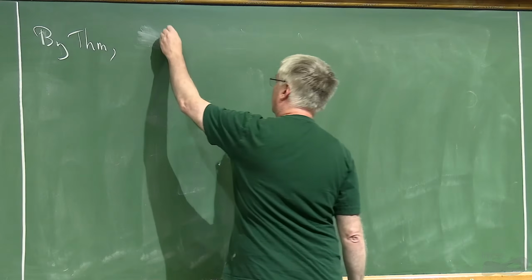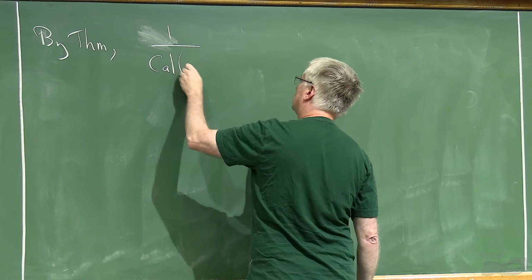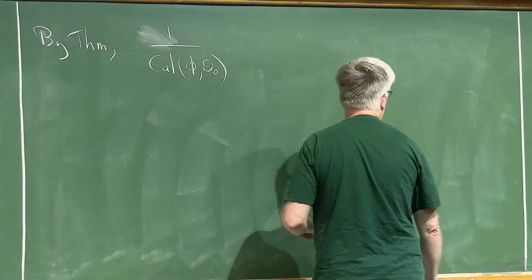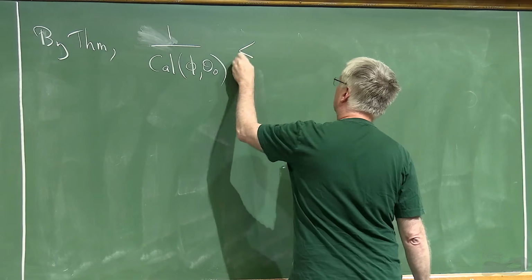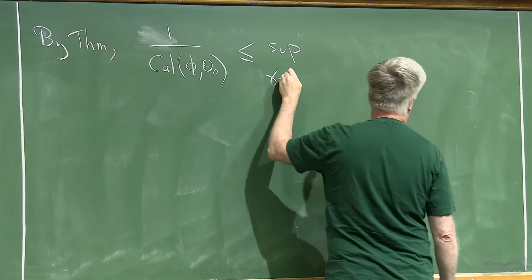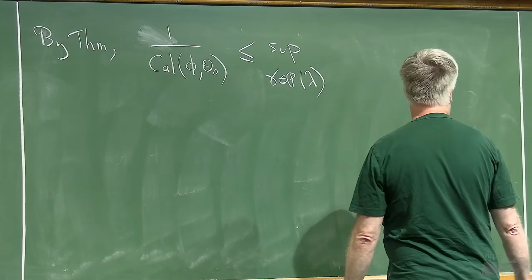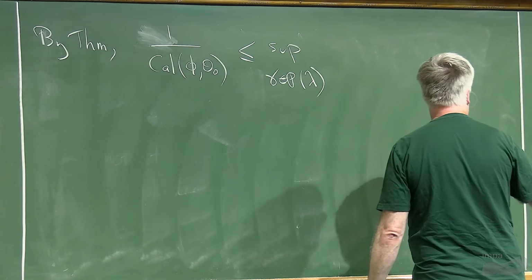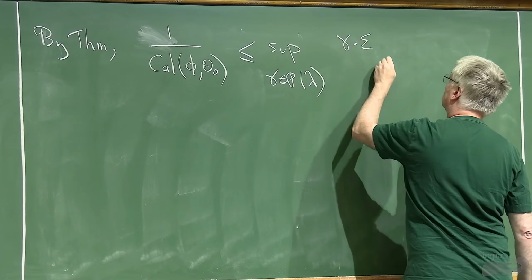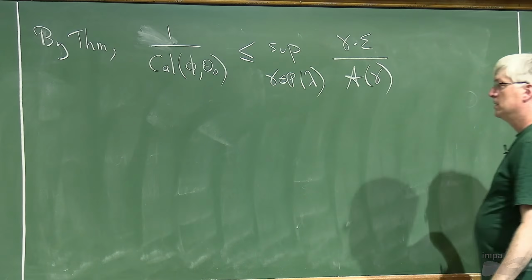So I get 1 over the Calabi invariant is less than or equal to the supremum over periodic orbits of lambda of the intersection number with the surface divided by the action.